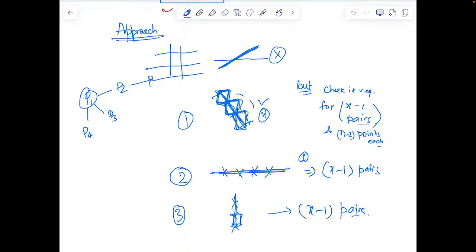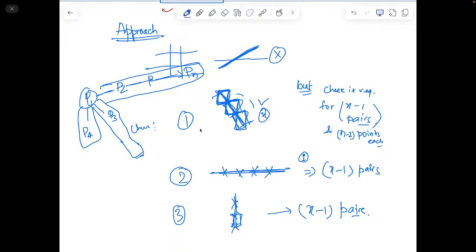For each point we have to go to Pn, and then the remaining ones we will check. I agree, this is itself an order n square approach, first to find out those slopes.